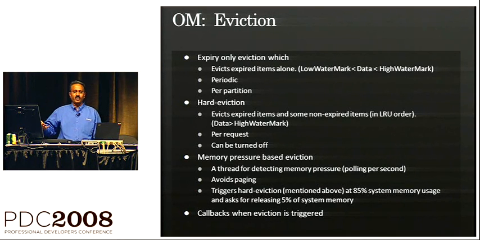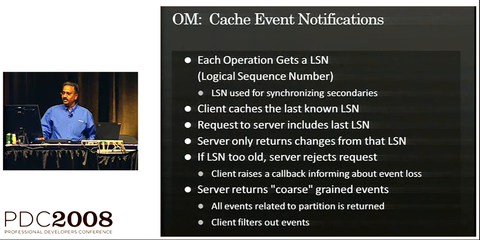It makes about 5% extra space. And we can also register callbacks when things are evicted so that you can do something at that time. So these are some of the things that we built for memory management.